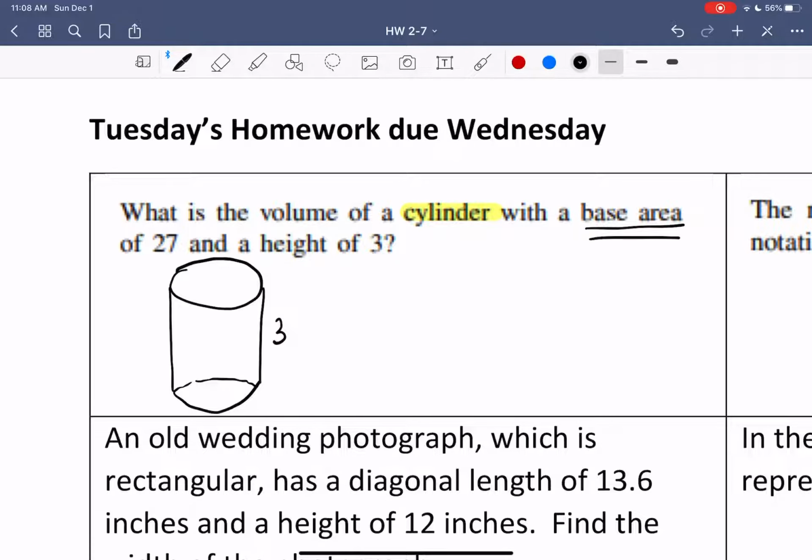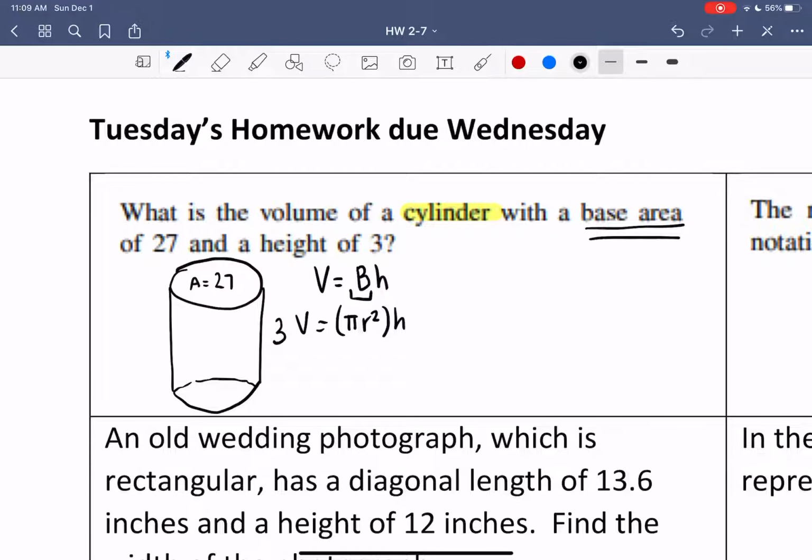So our area equals 27. So with this one, we have our formula, volume equals B H. Remember, B right here is the area of the base, which is pi r squared, times h.